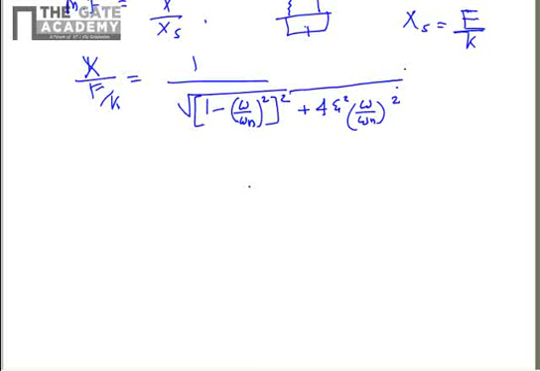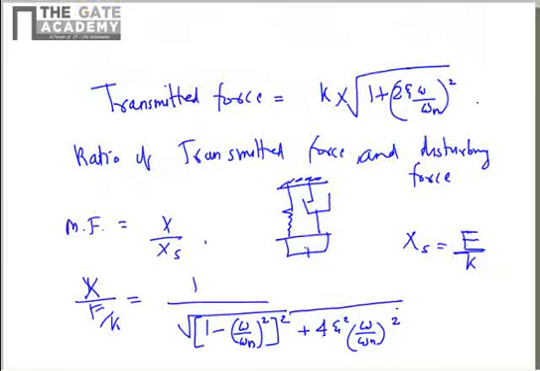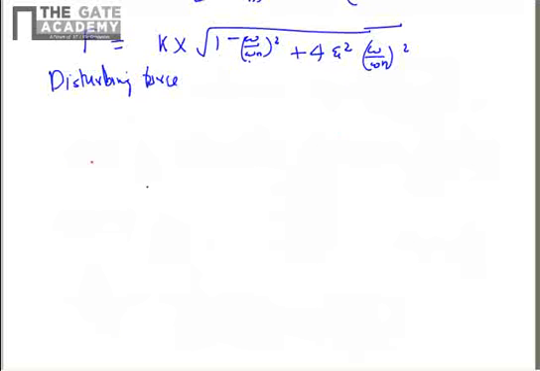If you rearrange this, you will get F equal to kX times the square root of the expression in the denominator. So this is the disturbing force, the net force on the mass due to the effect of all the spring and damping, and the transmitted force is this one.